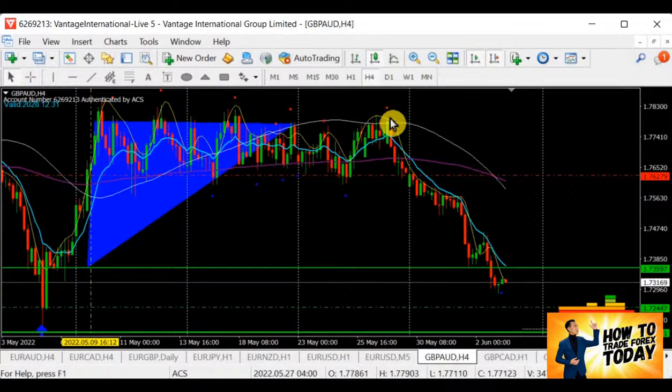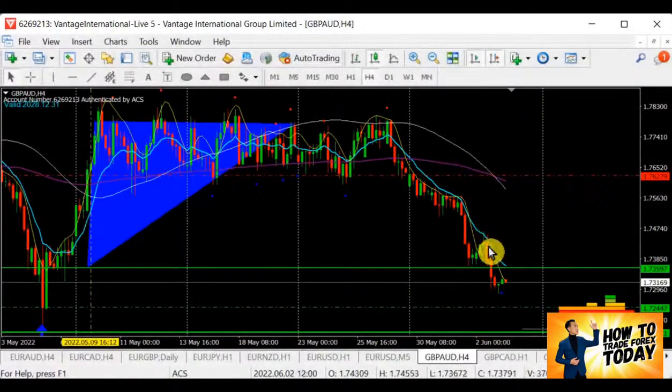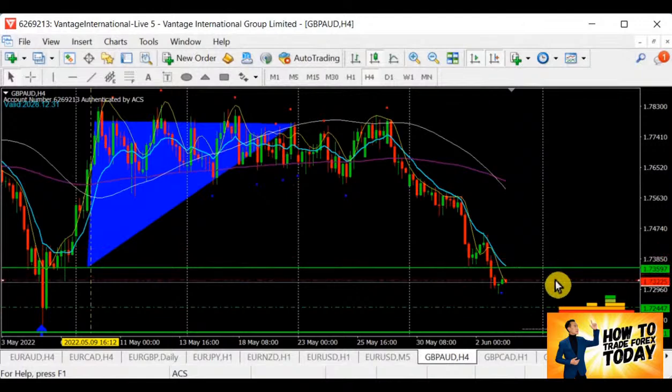So now we are in the trending market. There's a pullback coming down for a lower low, a smaller pullback. Right here, as you can see, there's a resistance level, and it's now building up the resistance level as well. Correct. So I would say that yeah, Pound Aussie is possible.